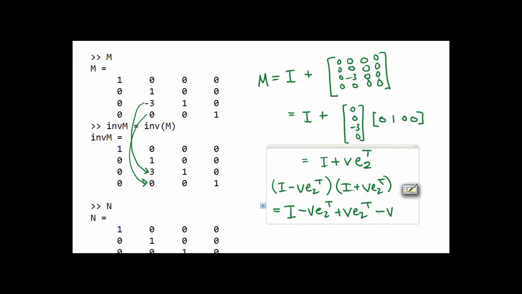And remember that we can't just change the order. Keep things in order. So that's just multiplying out those 4 terms. And then we use the associative law here. e2 transpose times V is an inner product of the 2 vectors up here.